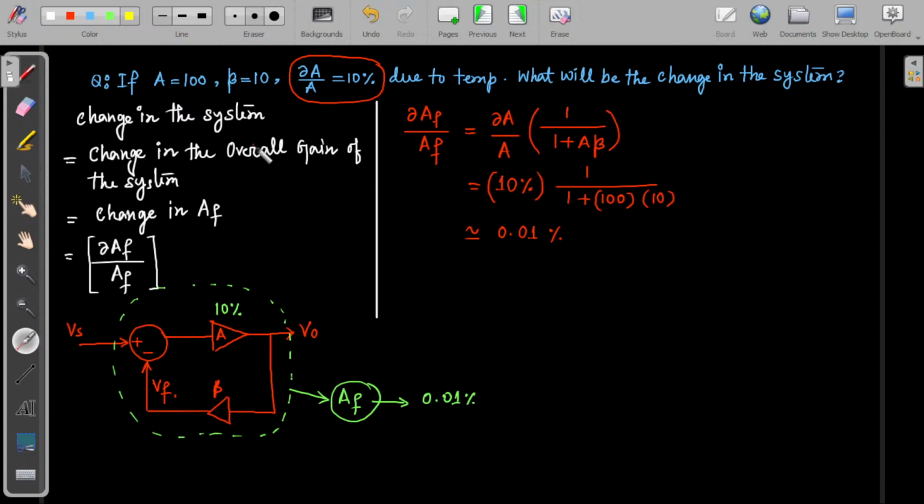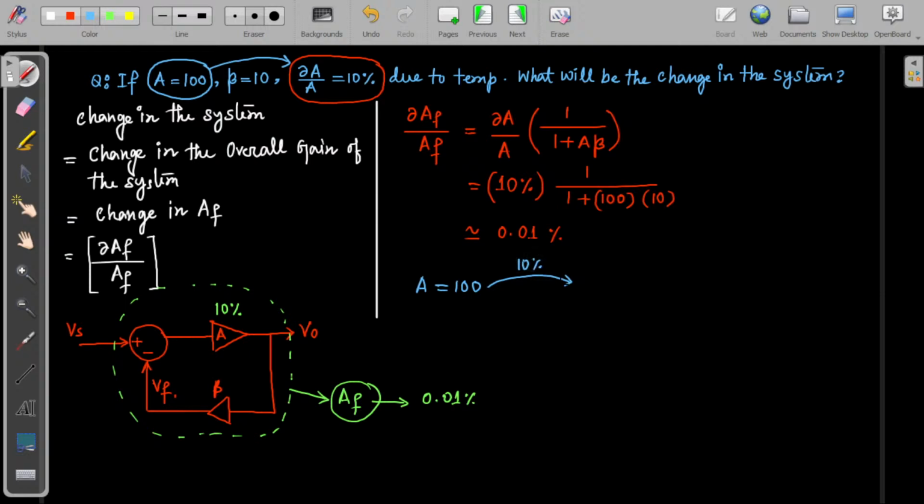So if you take a simple example, suppose we are taking a simple example, here it is given that A is 100 and A is changed due to the temperature. How much is it changing? 10%. So the A value was 100, then it is changed by 10%.